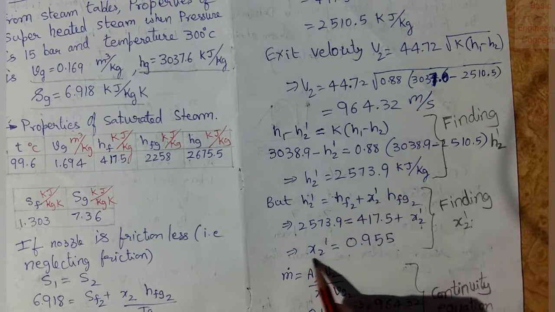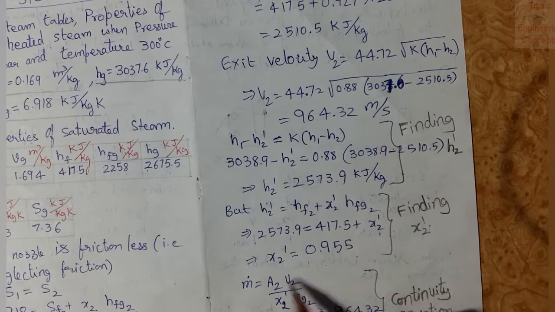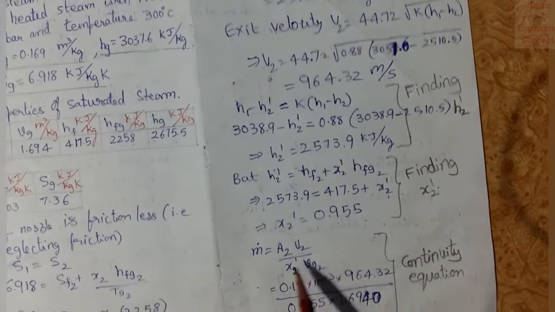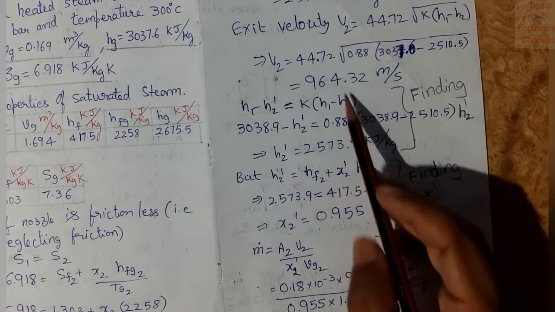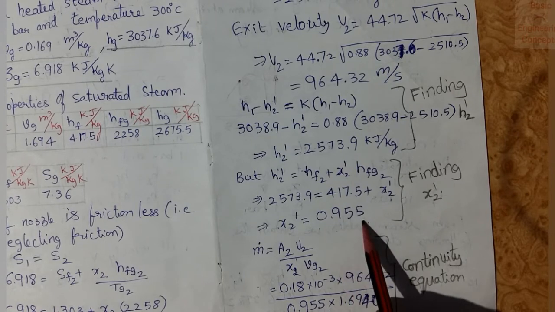From this we find X2 dash. This is for finding H2 dash, and this is for finding X2 dash. After getting X2 dash, again the same formula, m dot is A2 V2 by X2 dash into Vg2. A2 value, V2 we obtained here, X2 dash we found like this.